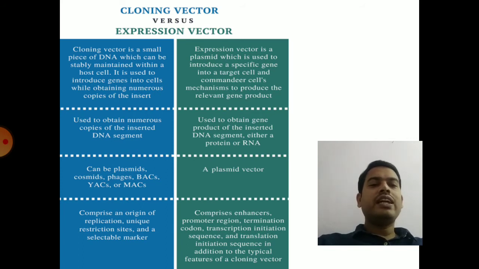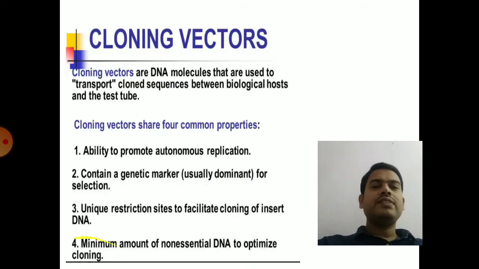So the vector contains enhancers, promoters, termination sequences, transcription initiation sequences, translation initiation sequences, etc. that play an important role in the expression of your foreign DNA. So that is the difference between a cloning vector and an expression vector. The cloning vector obtains multiple copies of your foreign DNA, whereas the expression vector is used for expression of your foreign DNA. So that is the difference.